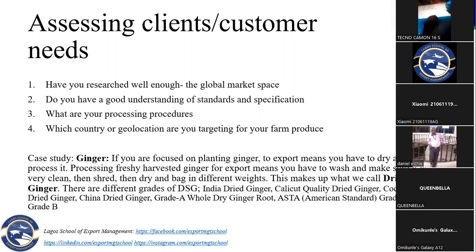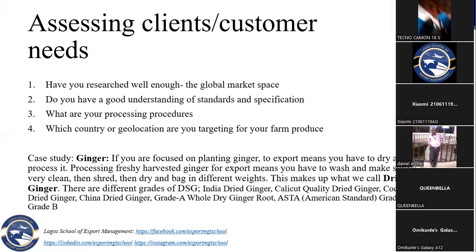The only thing is when you are using your oven to dry it, whether you are sun drying it or using your oven, just make sure you dry it well and it's not burnt. It comes out very fine, in its own color. So this is what we call the dried split ginger. The final product is what's called the dried split ginger.